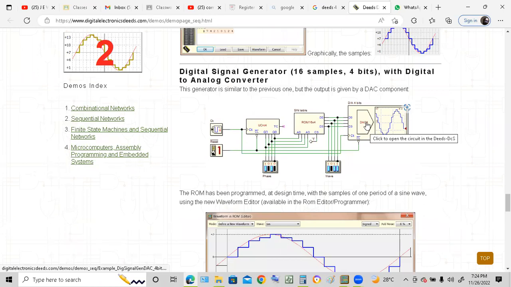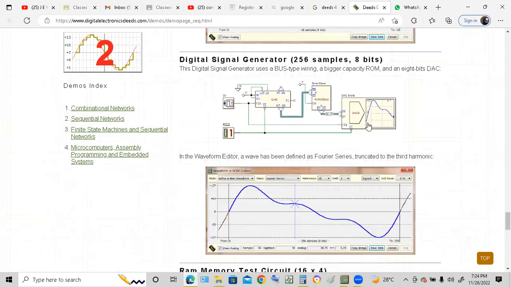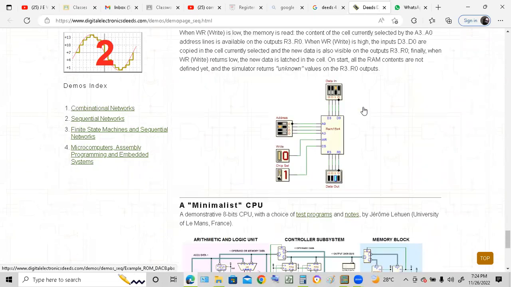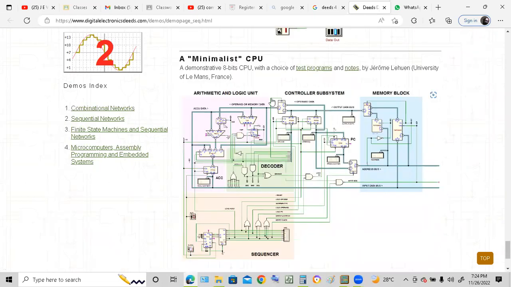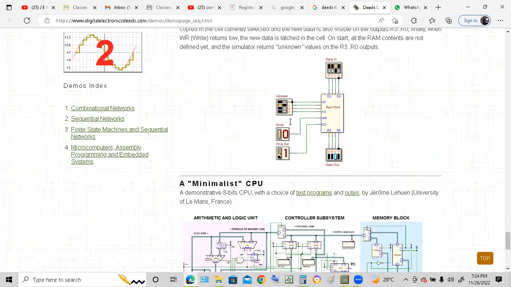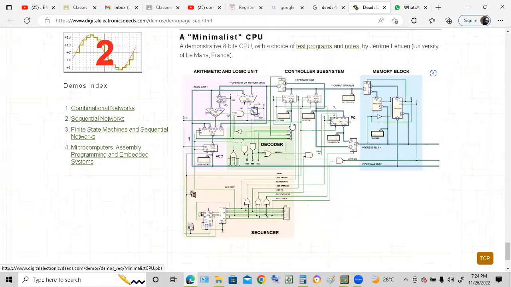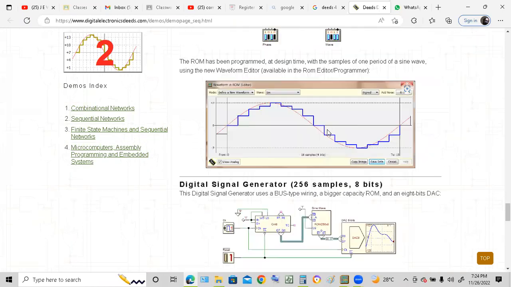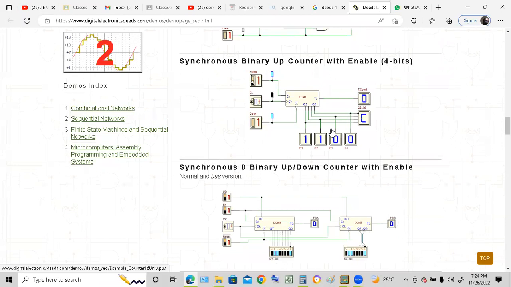We're gonna look at the DA, digital to analog and analog to digital, in more detail. And then we get down to the mini CPU with the ALU and everything in it, with the sequencer. And then we're gonna animate this one to see what takes place with all the registry and so forth.